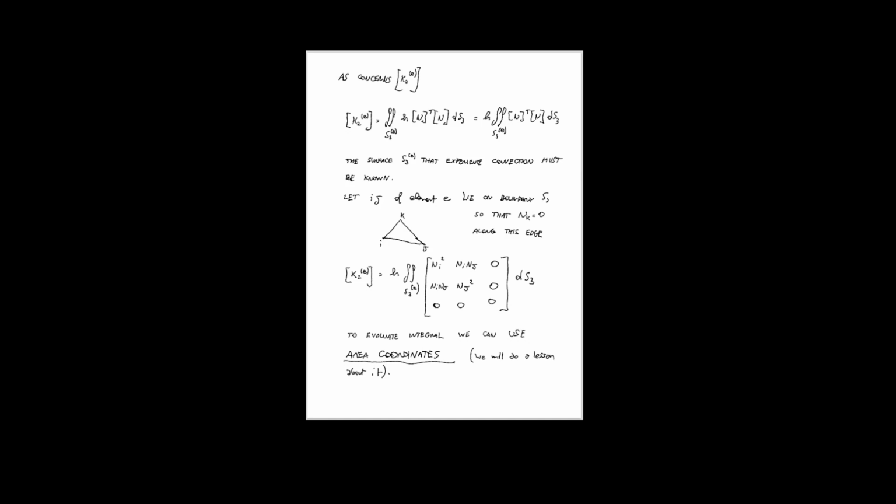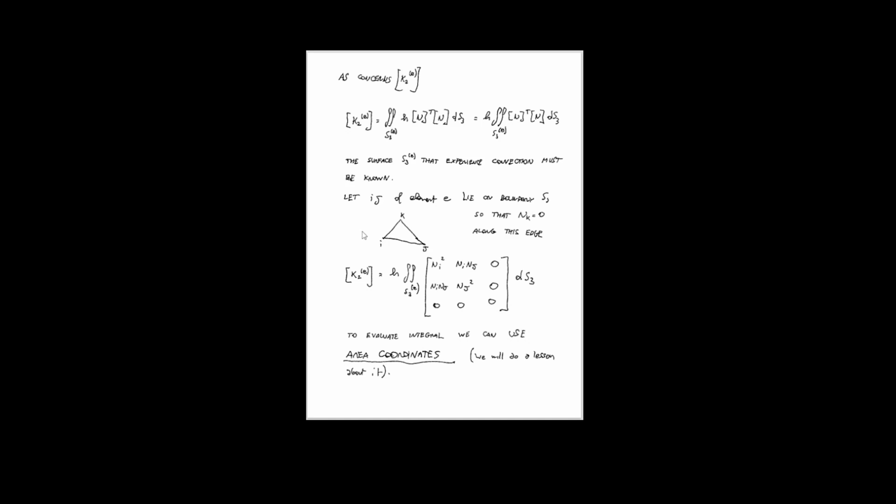What does this mean? For example, let edge Ej of element E lie on boundary S3, so that Nk is equal to 0, obviously. For the construction of Nk, if we are here on the segment Ej, Nk is equal to 0, but at the same time, if we are on Ek, Nj is equal to 0. Here, without loss of generality, we have chosen to stay on Ej.